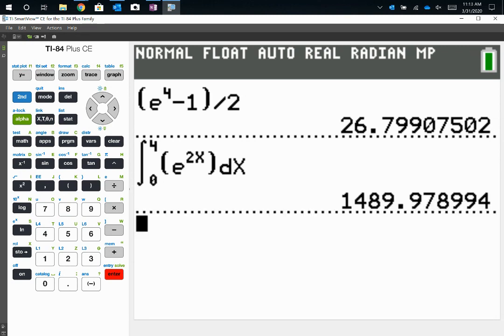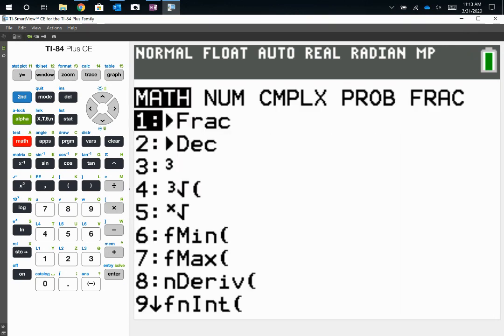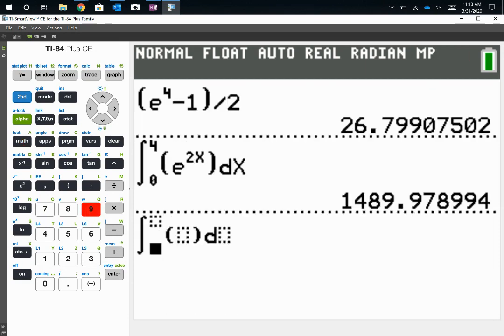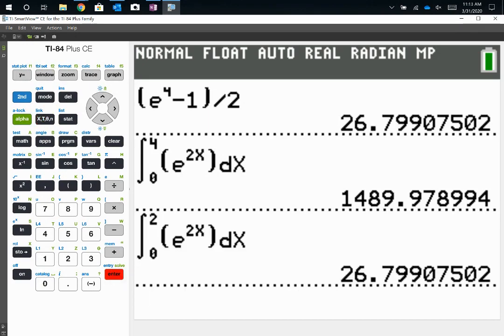Okay, I think I put in the wrong number here. It's my bad. It's between 2 and 0, not 4 and 0. So 0 and 2, e to the power 2x dx. And you get the same answer.